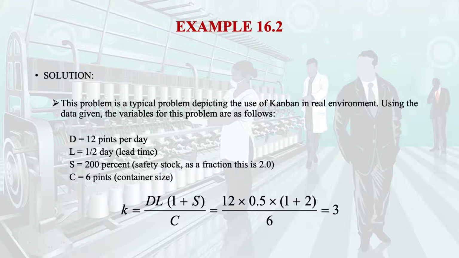Using the data given, the variables for the problem are as follows. D is 12 pints per day, L is half a day, S is 200%, or a fraction of 2, and C, the container size, is 6. Now, as we know the formula, the number of Kanban cards comes out as 3.